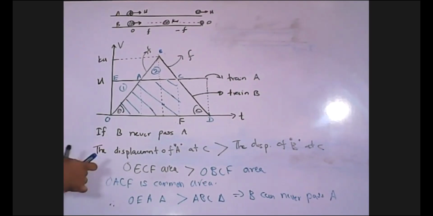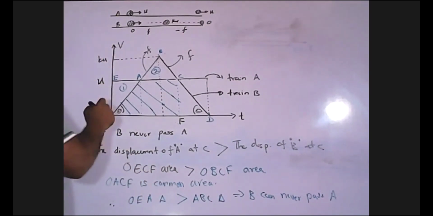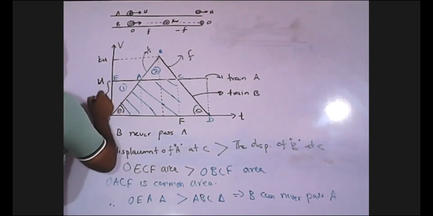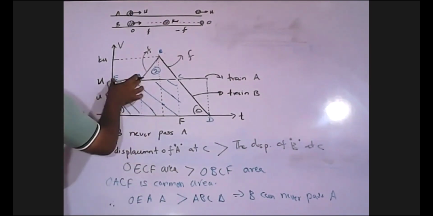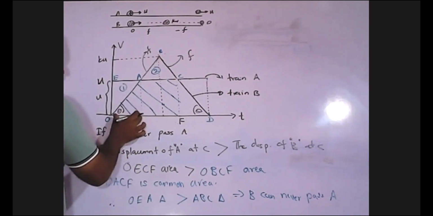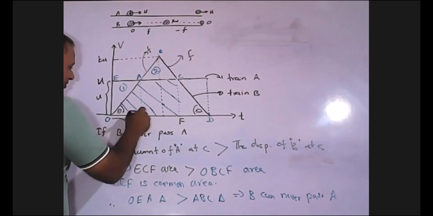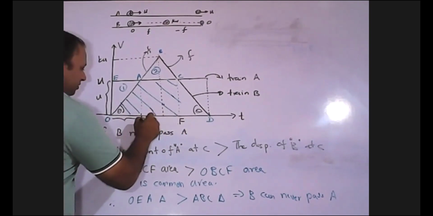To find the area, you have to determine the sides of the triangle. You know this side, that is U. Now you have to find the EA length. Suppose AEFG.